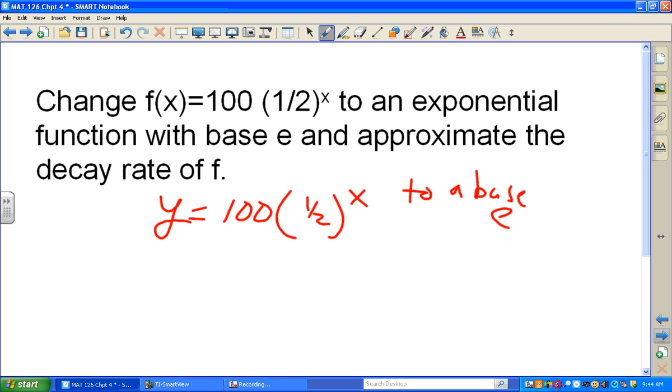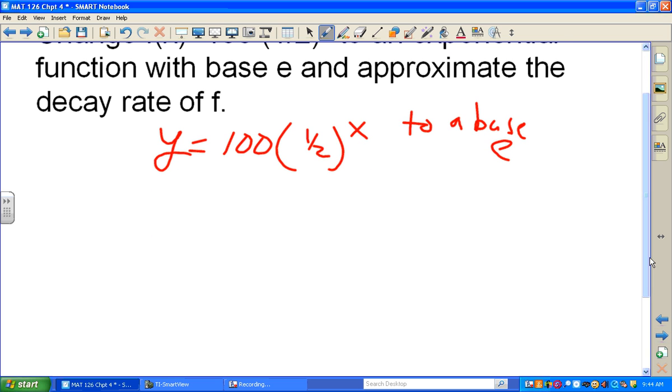All right, let's try this. The number 7. That's normally written in base 10, right? Yes, when you count, that's in base 10. The number 11 means what in base 10?